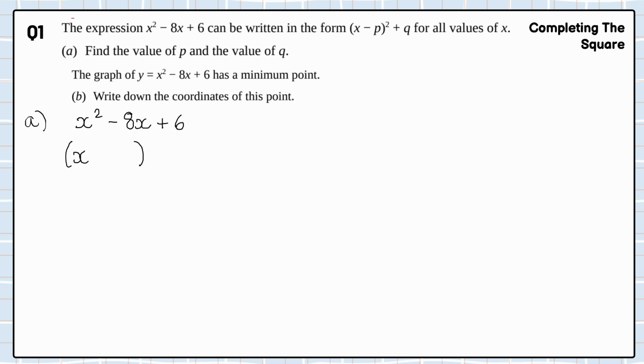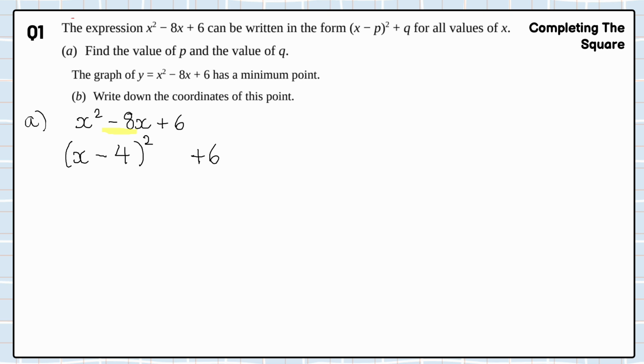To work out the number inside our brackets, it's always going to be half of whatever this number here is. So half of minus 8 is minus 4, so we write minus 4 squared. And this 6, we just put at the end and ignore for now.